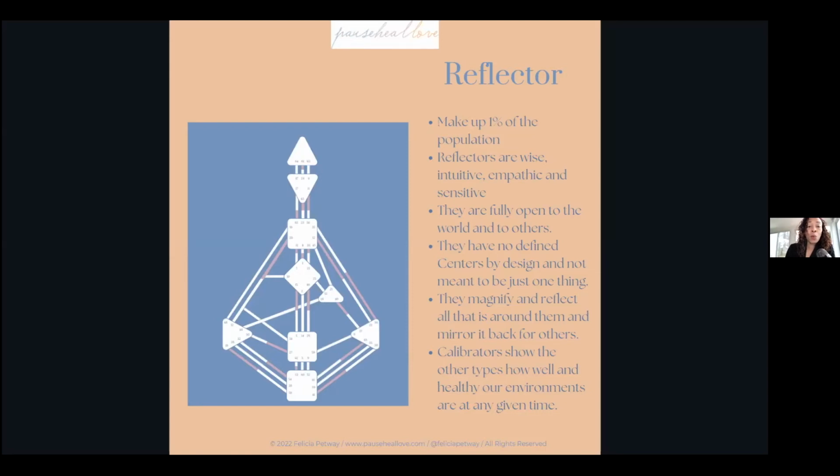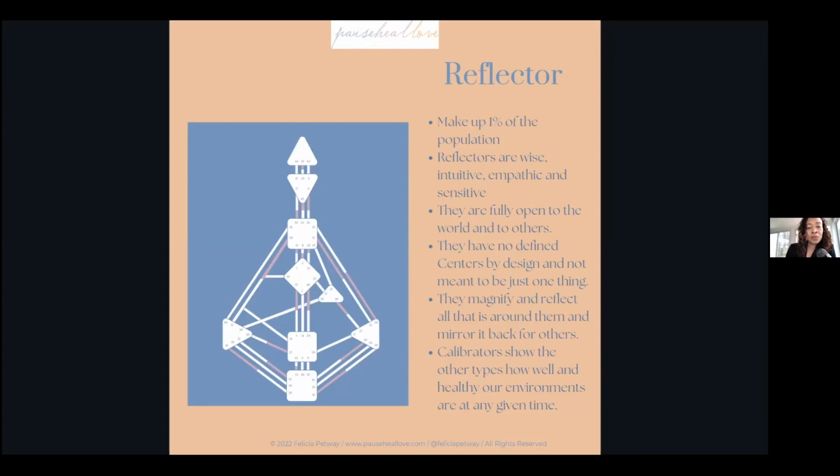Reflectors make up 1% of the population. This is how rare and unique they are. You will know a reflector because there is no definition in their chart. Reflectors, calibrators, are wise, intuitive, empathic, and sensitive. They are fully open to the world and to others.